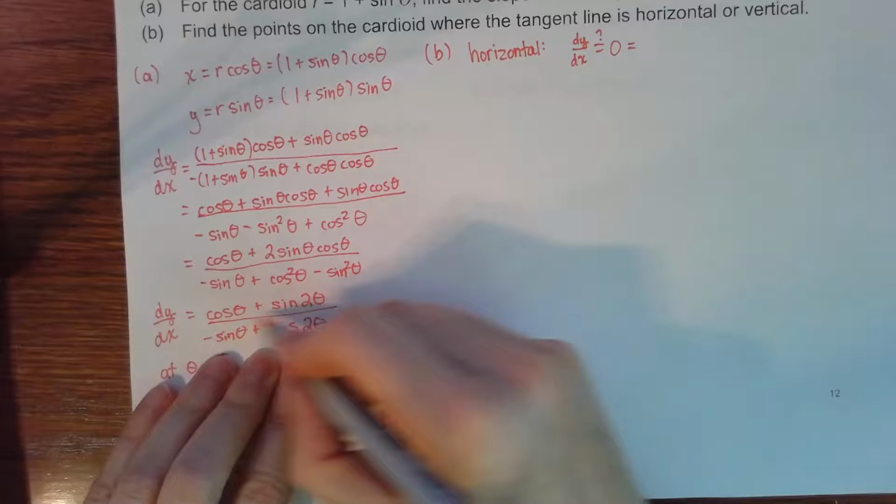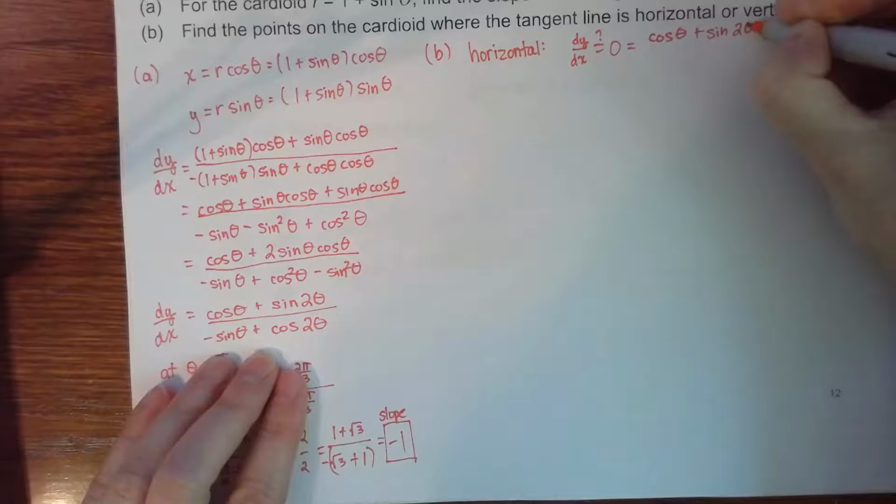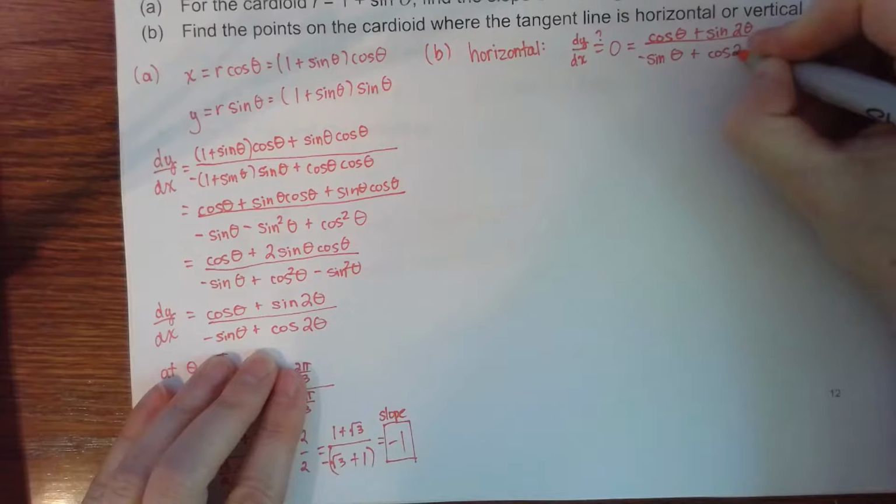Well, we have the equation for that derivative, so let me put that in there. We want to look at when cosine of theta plus sine of 2 theta over negative sine theta plus cosine of 2 theta is equal to 0.